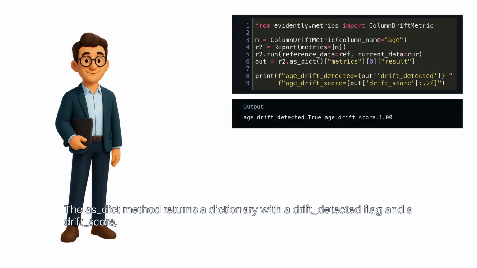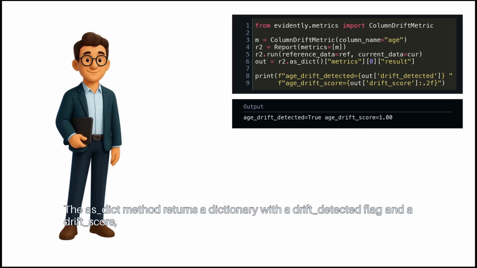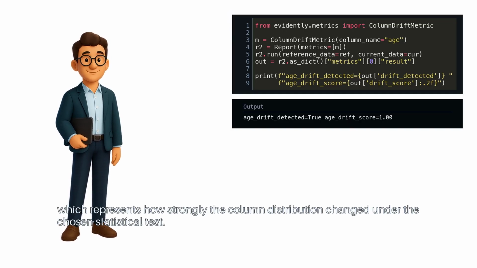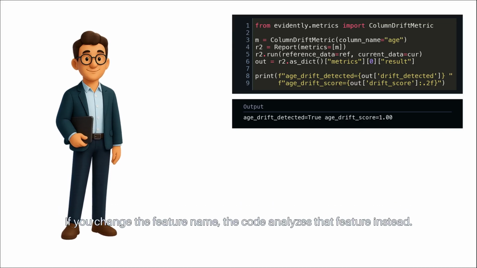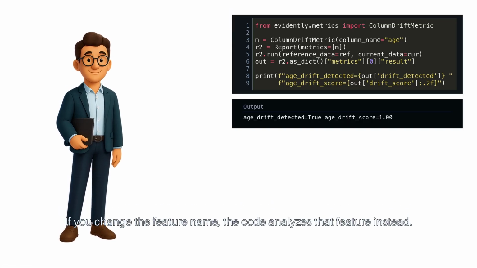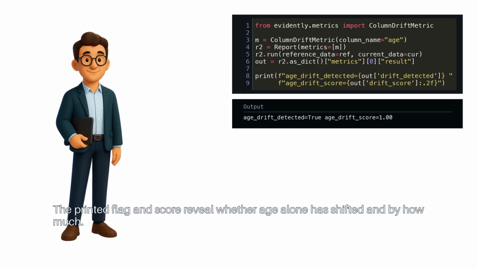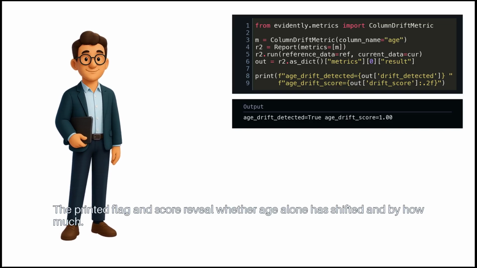The as_dict method returns a dictionary with a drift detected flag and a drift score, which represents how strongly the column distribution changed under the chosen statistical test. If you change the feature name, the code analyzes that feature instead. The printed flag and score reveal whether age alone has shifted and by how much.